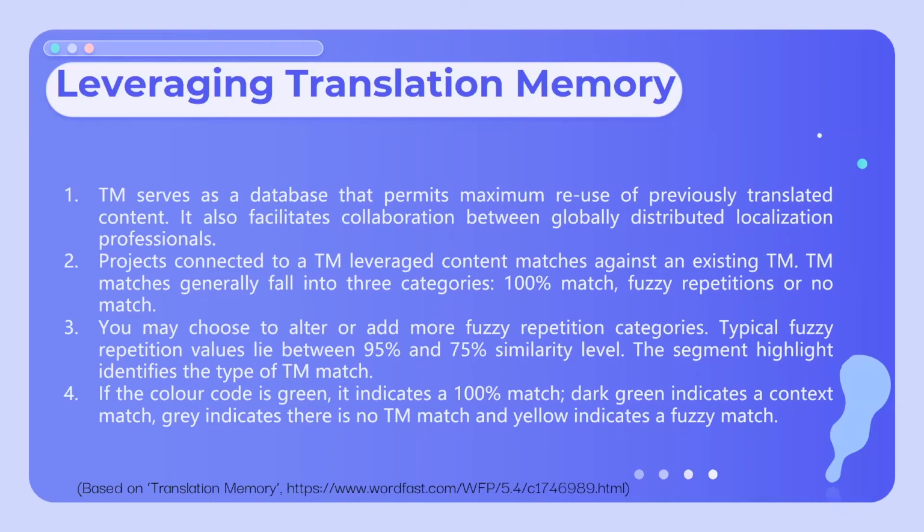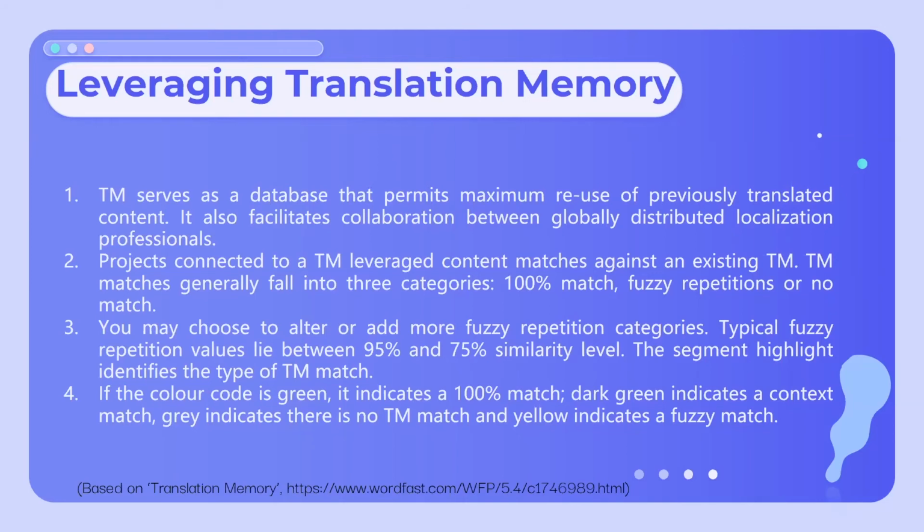We can choose or alter or add some fuzzy repetition categories. However, typical fuzzy repetition values will lie between 95% and 75% similarity level. So the segment highlight identifies the type of translation memory match.